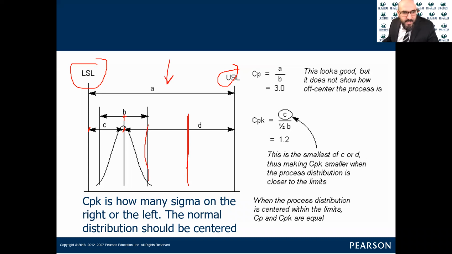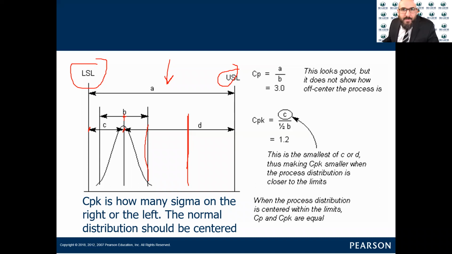However, this is capable, but there is a risk that the data will be shifted. The CPK is the smallest of C or D, and in this case C is the smallest, divided by half of B, which is 3 sigma. So we're assuming 6 sigma for all the sigmas around the normal curve.